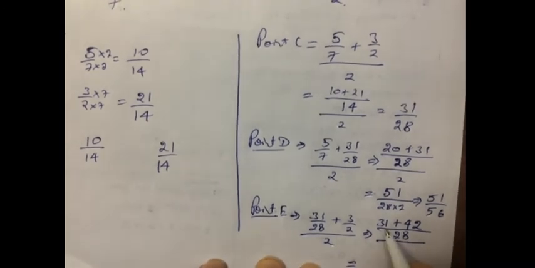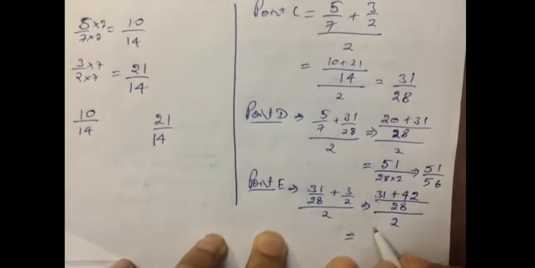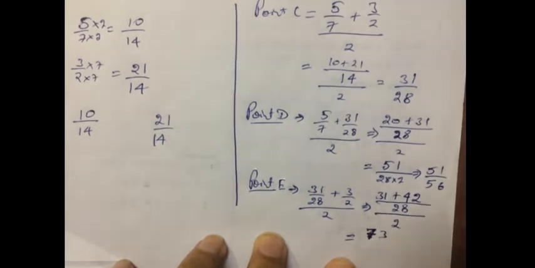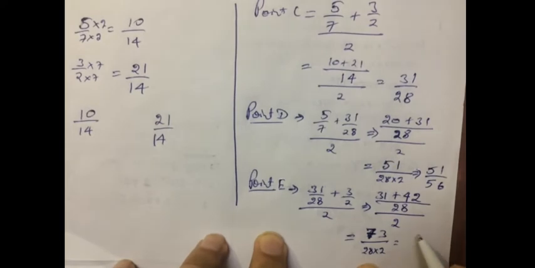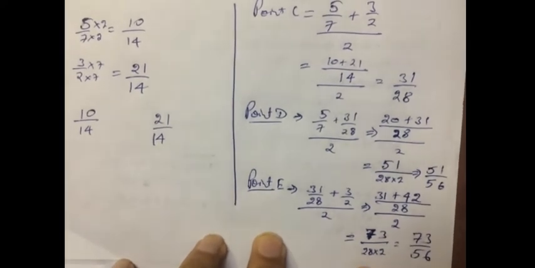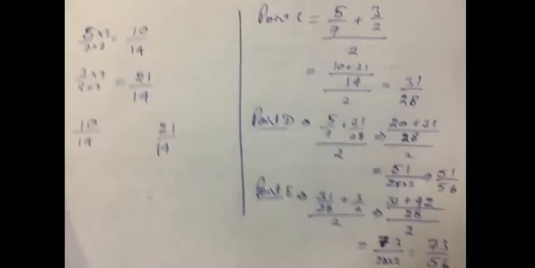And the answer will be 42 plus 31 gives you 73 upon 28 into 2, that is again 73 upon 56.